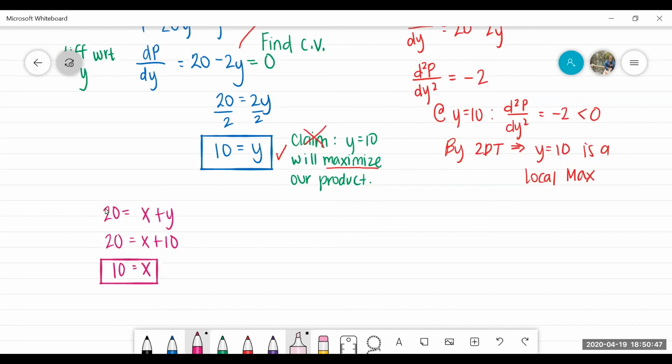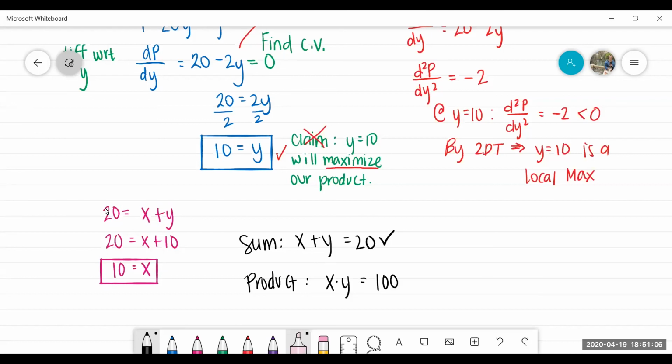It also asked us to find the sum, right? So the sum in this case, we know the sum. The sum is x plus y, right? It's 20. That works out. And the product is x times y, which is 100. Okay? All right, I'll see you in the examples.